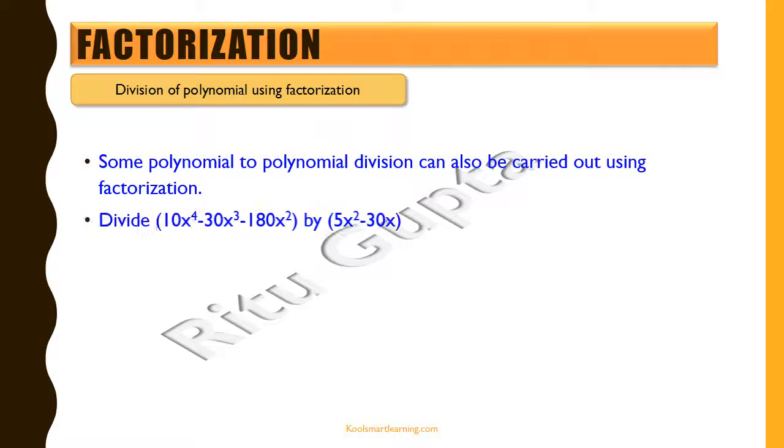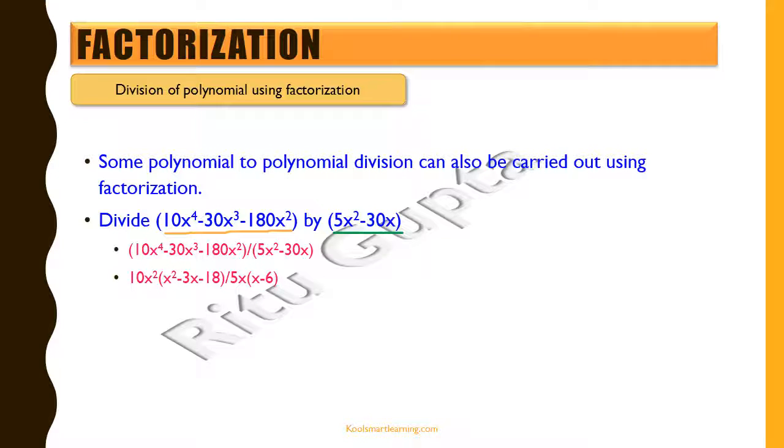So let's now take two polynomials. One is 10x raised to power 4 minus 30x cube minus 180x square, and the second is 5x square minus 30x, and we have to divide the first expression by the second one. Let's see what we do. In the first expression itself, we can clearly see that we can factorize it: we can bring out 10 common, and we can also bring out x square common.